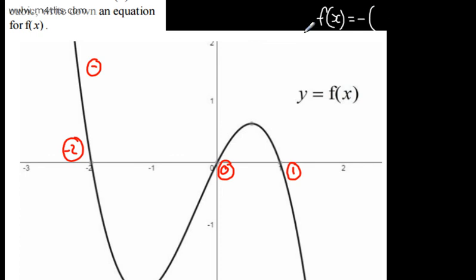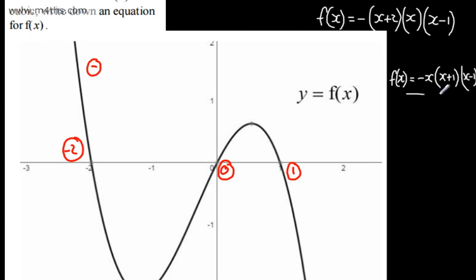If we consider each factor, this is going to be x plus 2. Then we've got now x, because that's going through the origin, and then x minus 1. That is an equation. I personally write it as f of x is equal to negative x, x plus 2, x minus 1. That is my preferred method, but we're just asked for an equation.